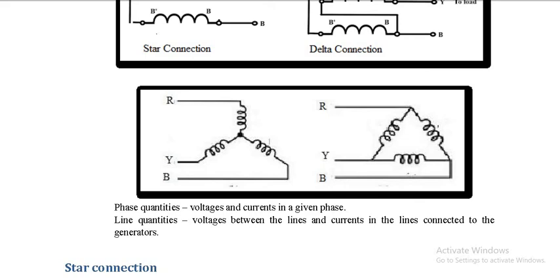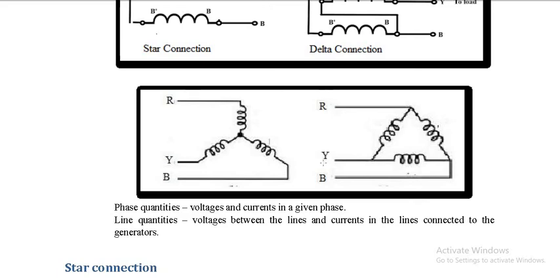Similarly over here, the voltage tapped between R and Y will be line voltage. The current entering from this will be the line current, and the current flowing through the phase, a circulating current, will be the phase current. I hope the idea of phase and line is clear to you.